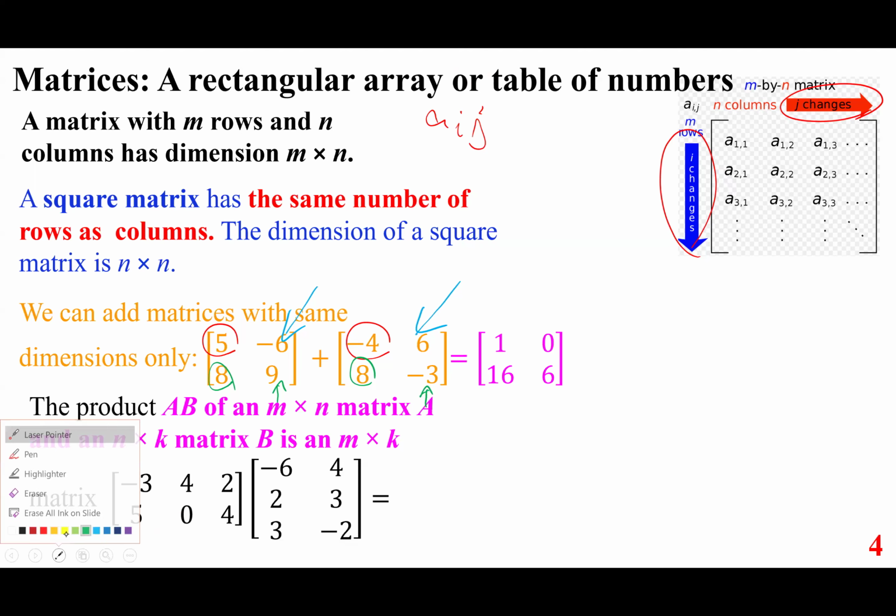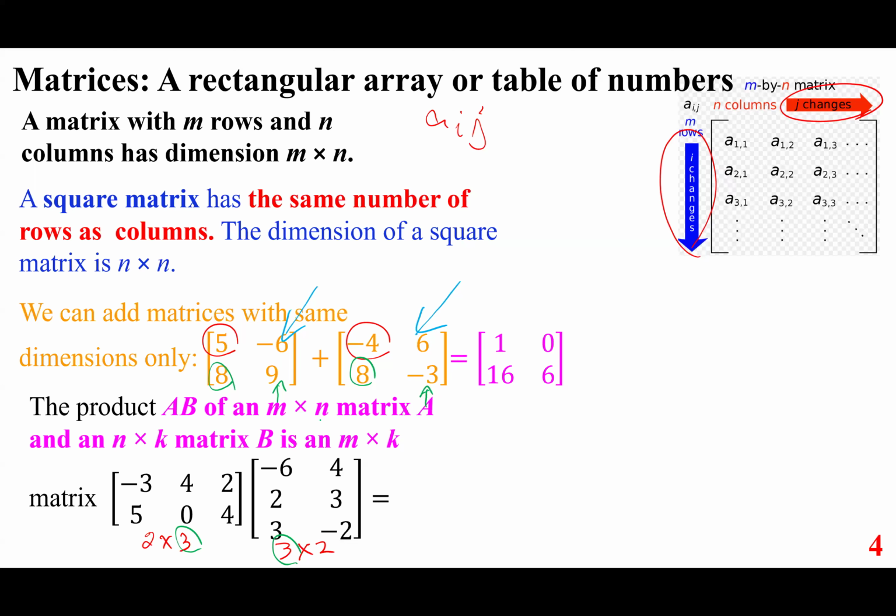This one, when I write the number of rows and columns, 2 by 3. Now, if you want to do the product, this one must be 3 by something. Happen to be 2. But the point is these two numbers must be identical or we can't multiply.